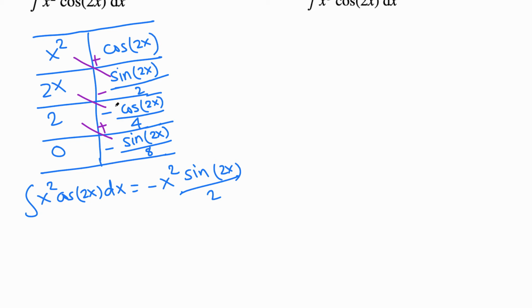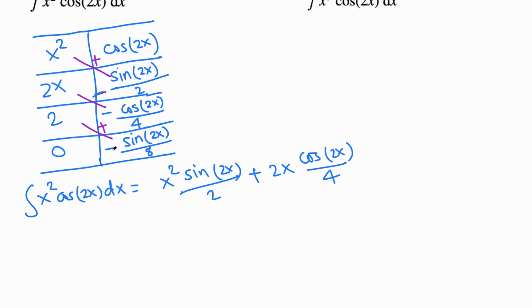Next is 2x times this. No, never mind, this negative is for this product. Negative 2x times this negative, and here's a negative, so this is positive now: 2x times cosine 2x over 4.